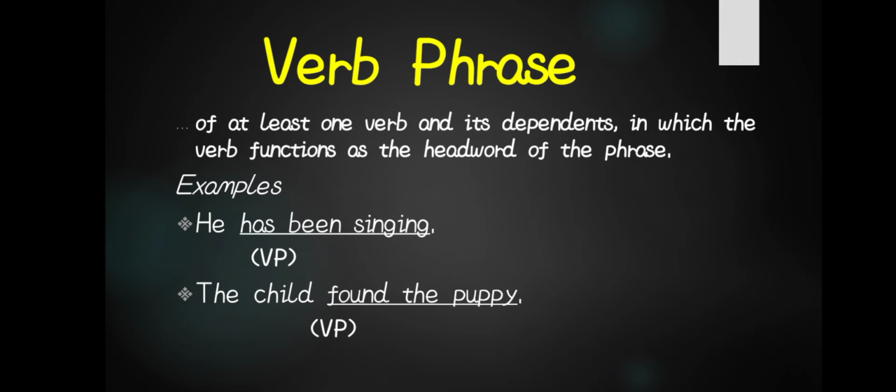The puppy is a noun phrase, tapos nasulod siya sa verb phrase. So, kung ilabel, kung moingon ang teacher nga identify the phrases, ang atong buhaton, linyahan nato na, pero butangan natong bracket ang the puppy para labelan nato og noun phrase. At the same time, part siya sa verb phrase.